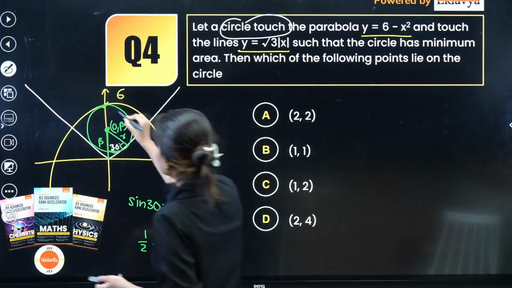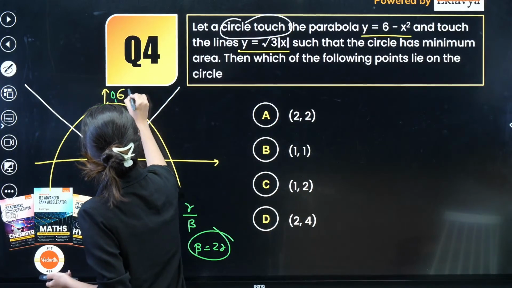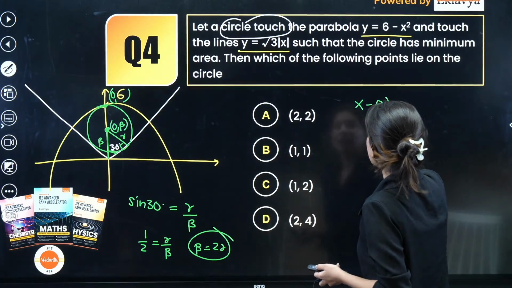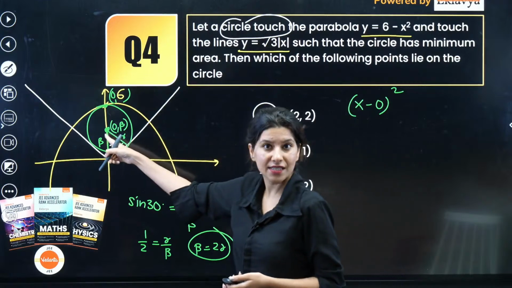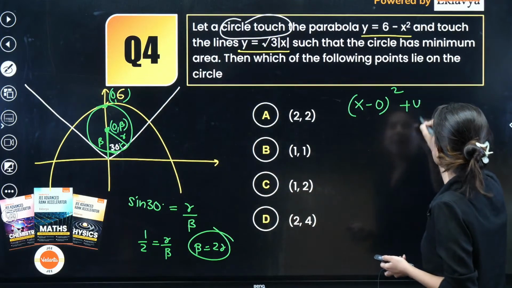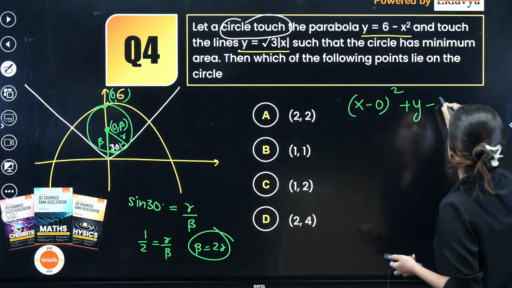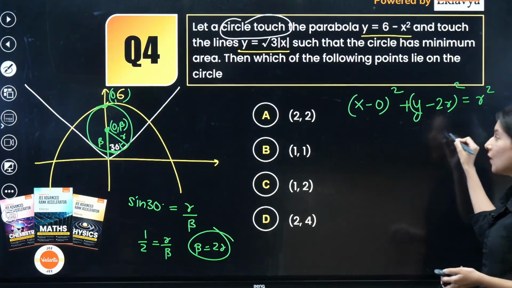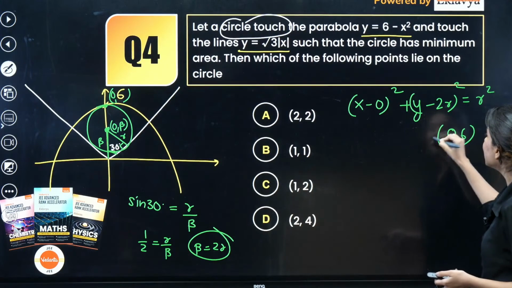Now, can you see the circle passes through 0, 6 as well? So let me just write the equation of the circle. x minus 0 whole square, because the center is 0, beta, plus y minus beta, what is beta? 2r, whole square, and this is equals to r square. Now, it passes through 0, 6.